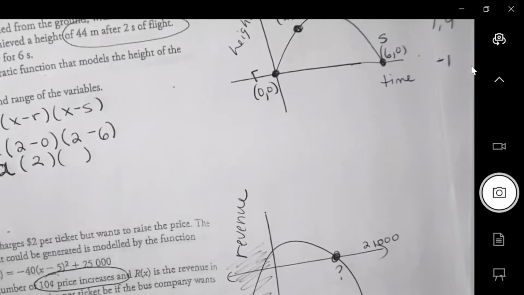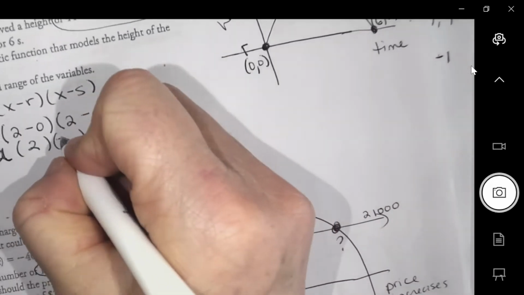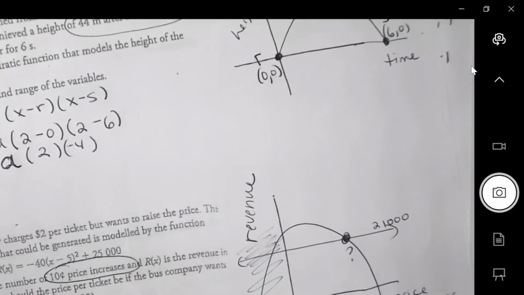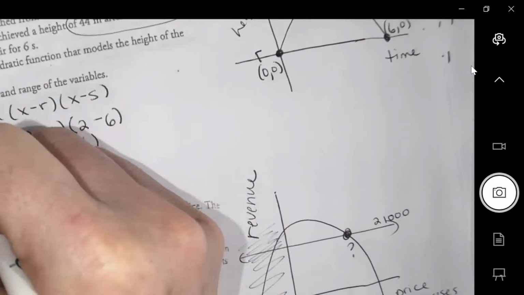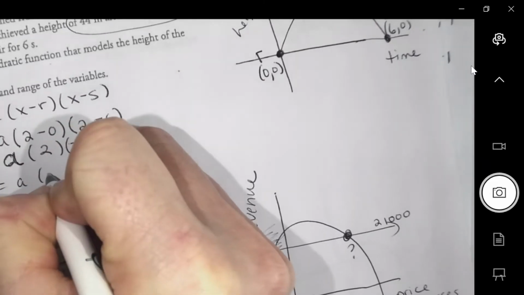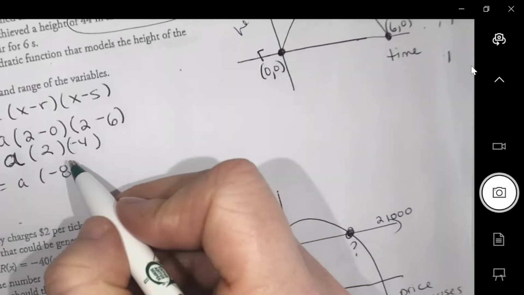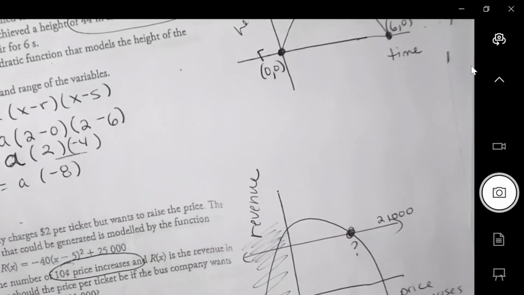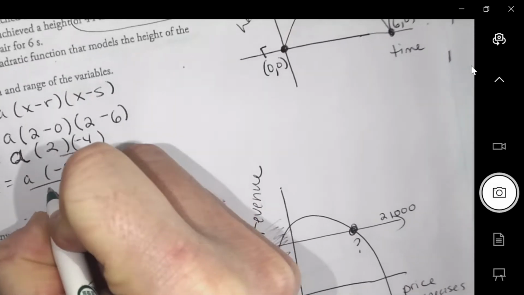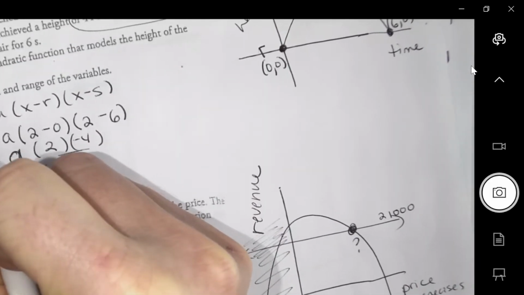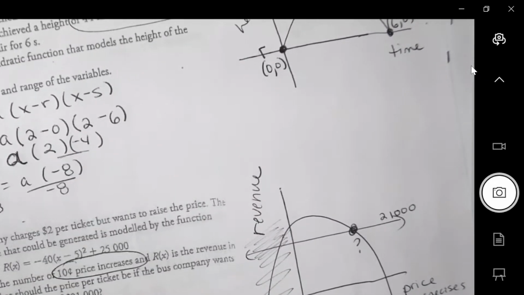And the other bracket is 2 subtract 6, so negative 4. Okay, and then I'm timesing those two together now. So that's a negative 8, and I'm going to divide. Okay, so all that was just algebra stuff.